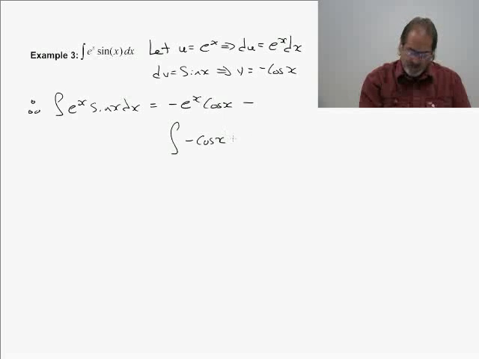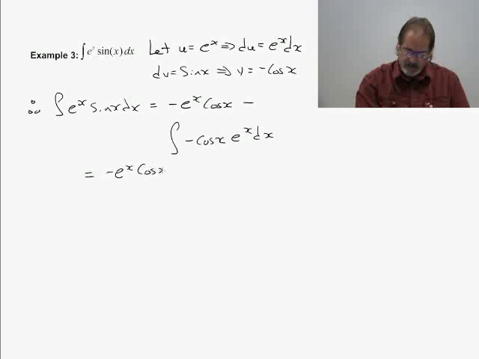So what I want to end up with, I'm going to write this one more time, negative e to the x cosine of x, I have a double negative, so plus the integral e to the x cosine x dx.